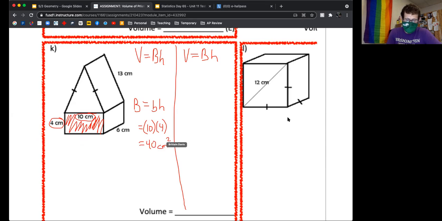Now I can plug that right back into the formula. So the area of the base is 40. What's the height of this prism now?